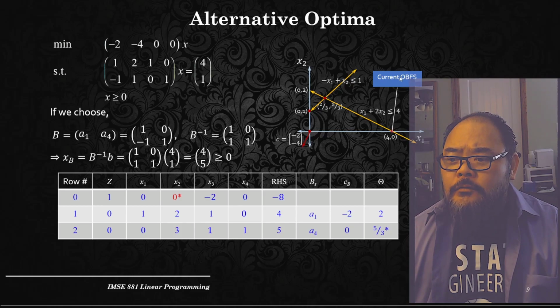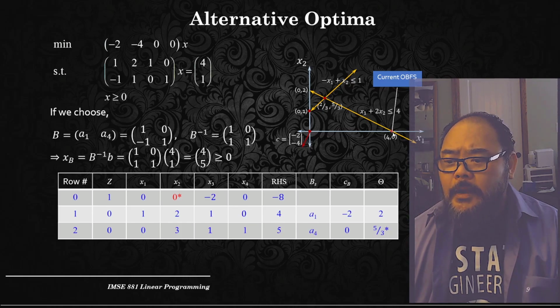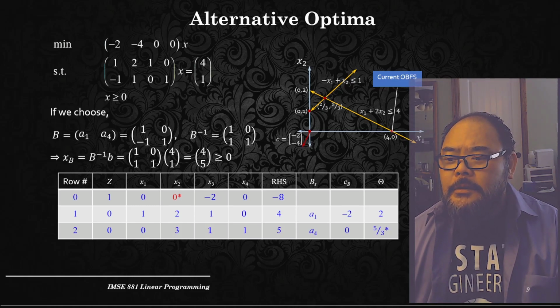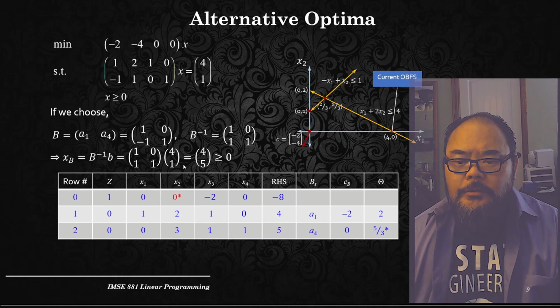The current optimal basic feasible solution is x1 and x4, with x1 equal to 4 and x4 equal to 5. We know we can exchange for x2 coming in.